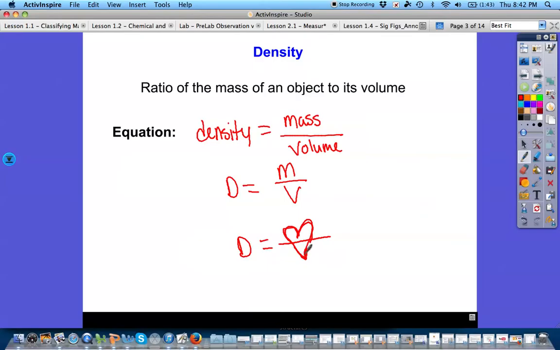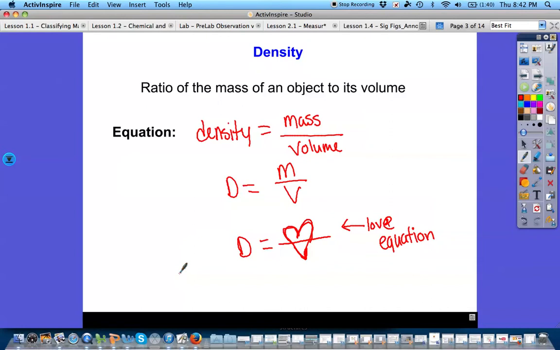Volume is on the bottom. You should know the density equation for your test.